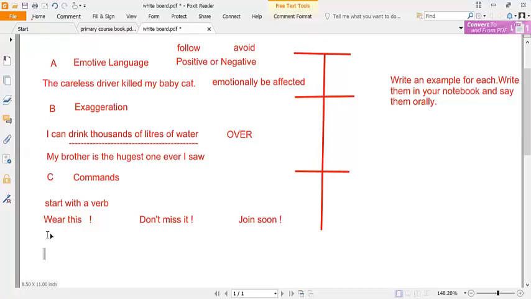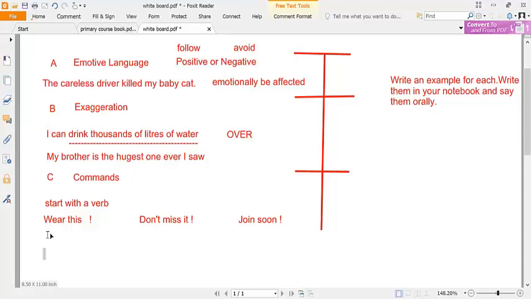يلا يا محمد, say your three examples. Emotive language: the bully took our lunch today. Okay, the second, exaggeration: the weather was so hot that it looked like we were inside the sun.